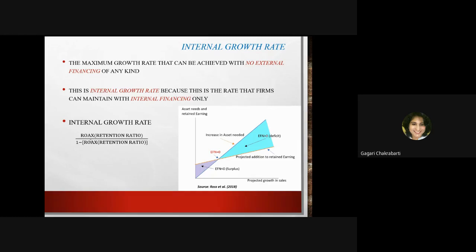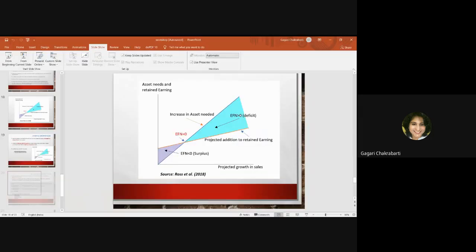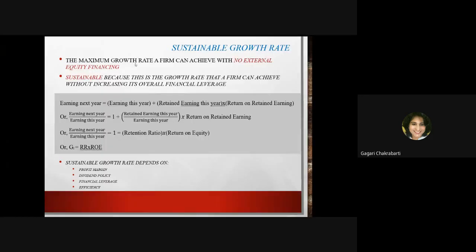Now, the second type of growth rate that is very useful in this context is called the sustainable growth rate. The sustainable growth rate is defined as the maximum growth rate that a firm can achieve with no external equity financing.